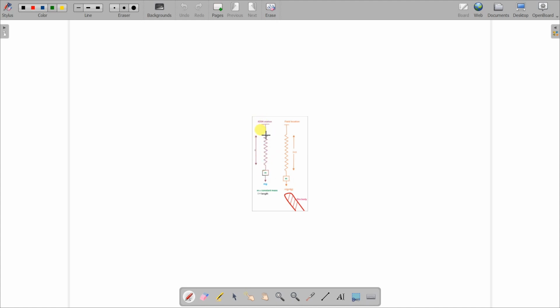When the mass is hanging and there is no subsurface body, there is no more movement in the spring. But when there is some kind of subsurface body, then there is definitely an attraction and there is a change in the length of the spring. Either it extends or it compresses. So this is the basic principle of a gravity meter. The gravity meters we'll discuss in the coming videos.